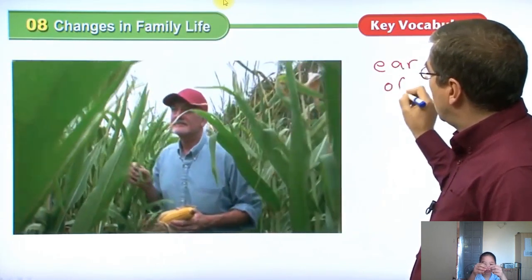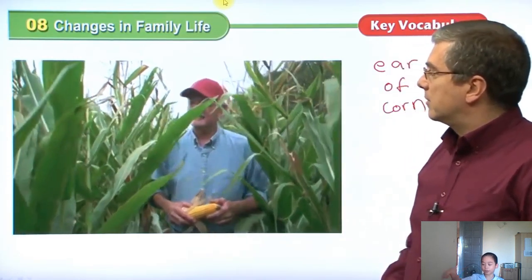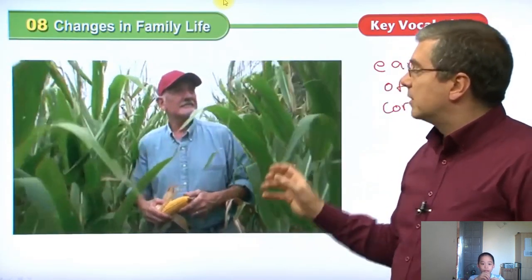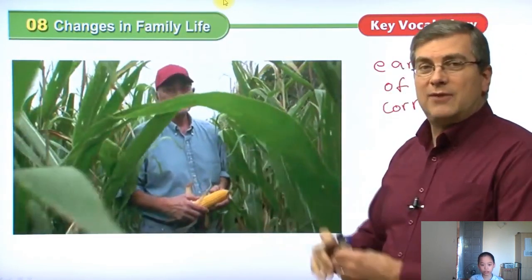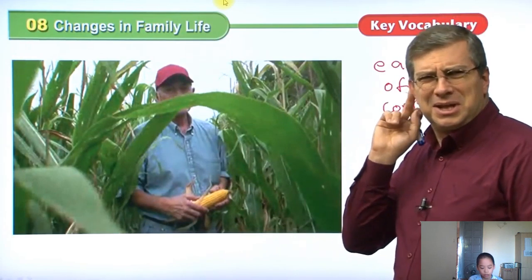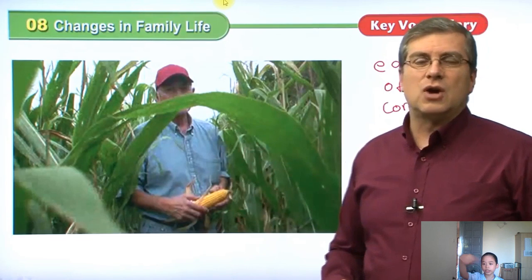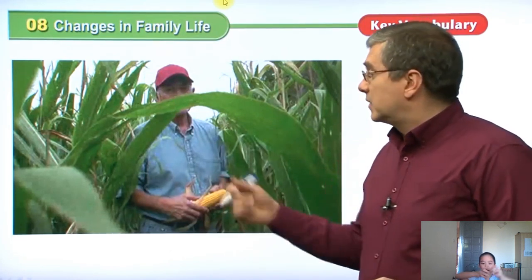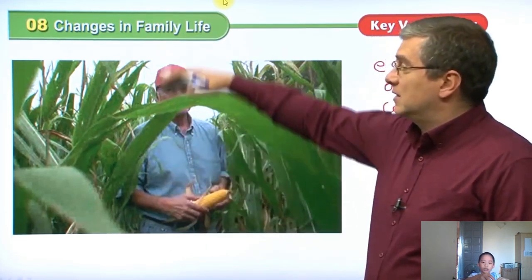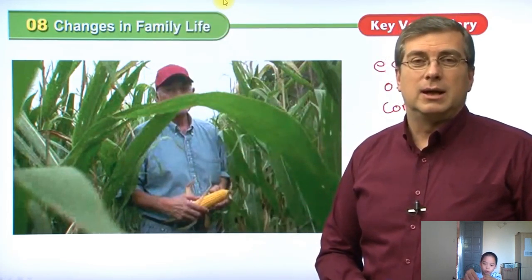He maybe gets it down to check whether he can start to eat it or not. He needs to get one corn so he can know whether it's time for eating the corn.